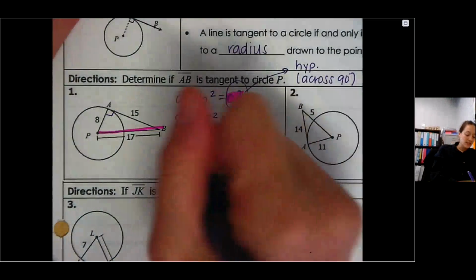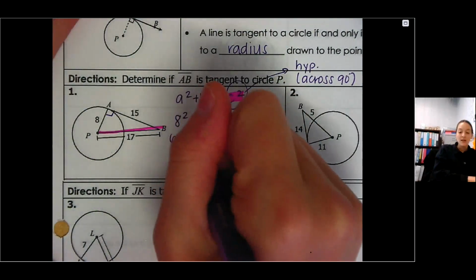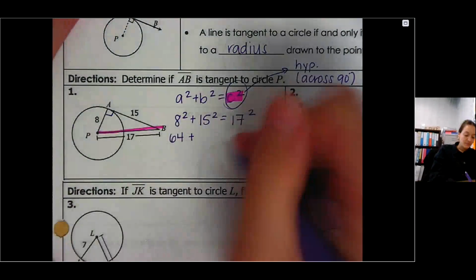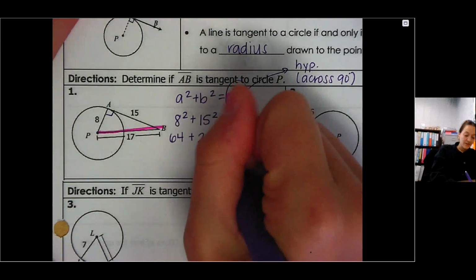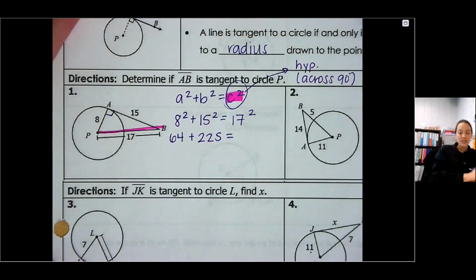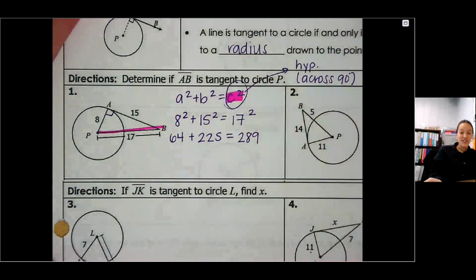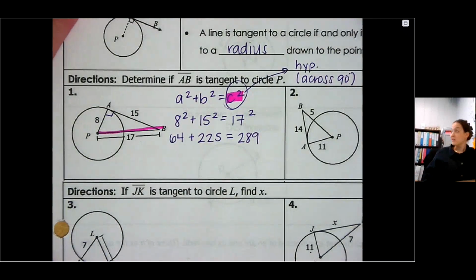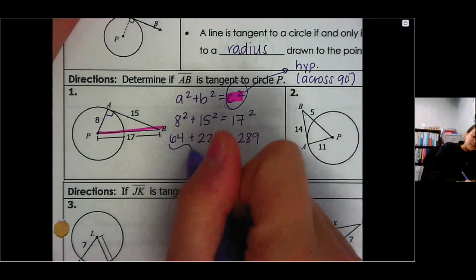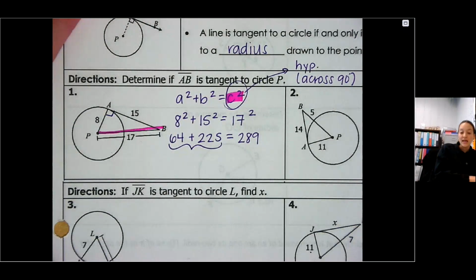So 8 squared is 64. 15 squared is 225. 17 squared is 289. What should I do next? Add 64 and 225. What do you get?